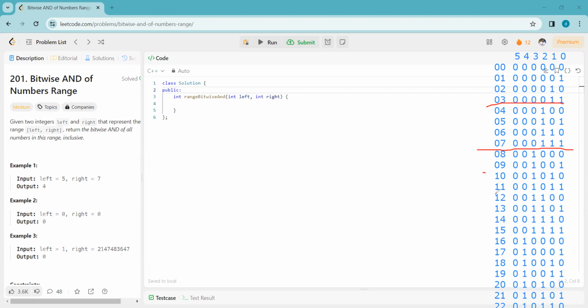Or let's take the range from 12 to 15. Let's take this range. Or 12 to 17. Let's take this range from 12 to 17. So the total numbers in this range is 6 numbers. Total 6 numbers are there in this range.